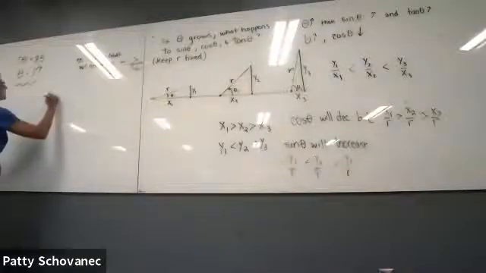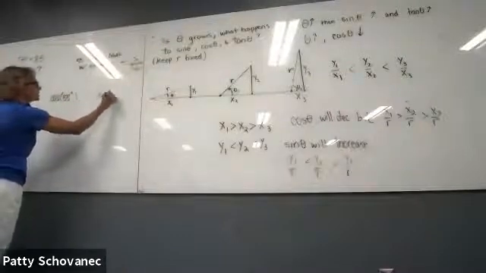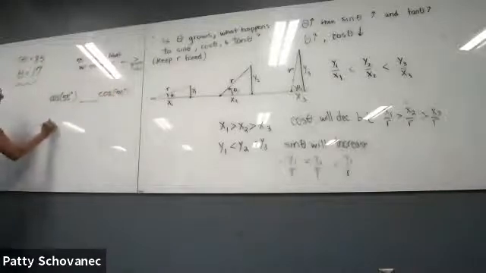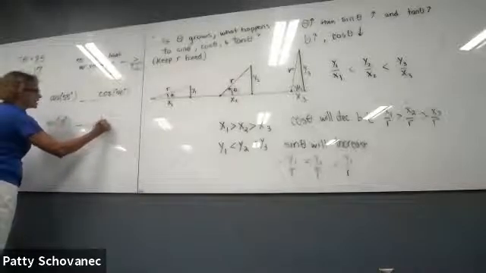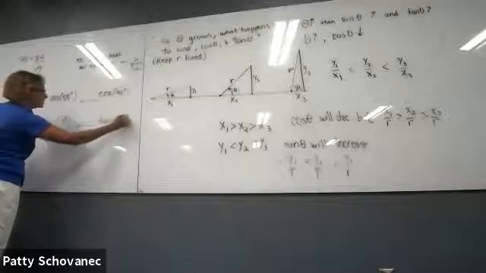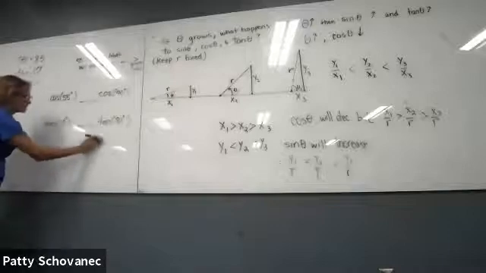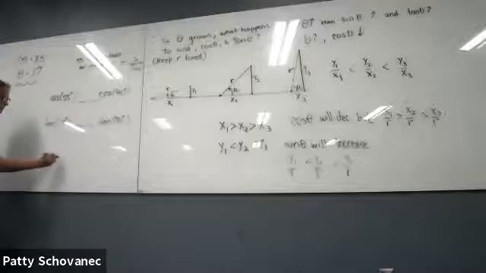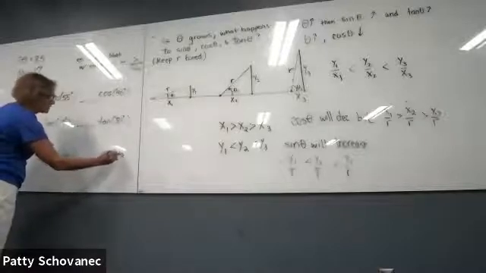So let's put cosine of 55 degrees compared to the cosine of 40 degrees. Tangent of 18 degrees compared to the tangent of 81 degrees. And the sine of 49 degrees and the sine of 9 degrees.